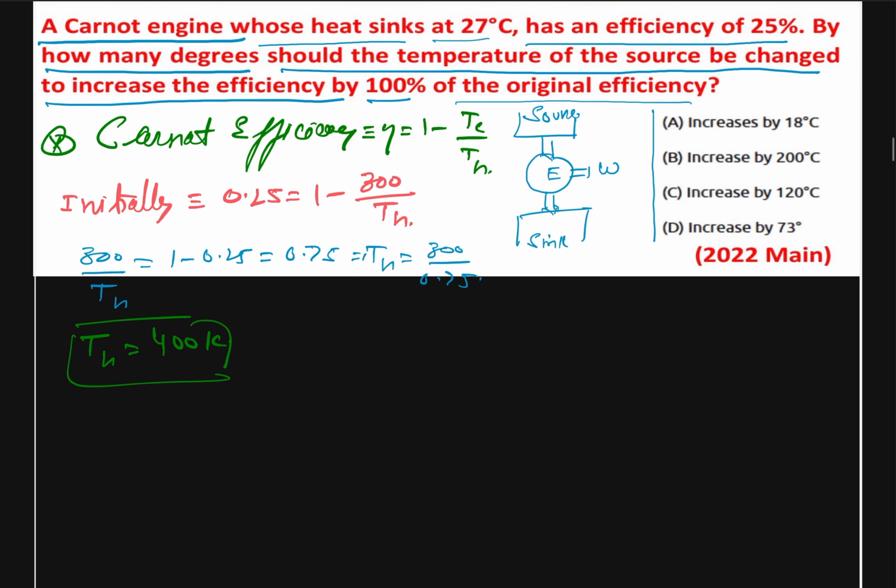And for the second case, it says that the efficiency should increase by 100% of its original efficiency.